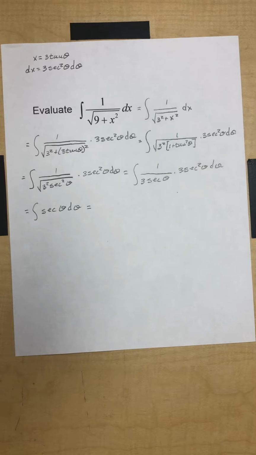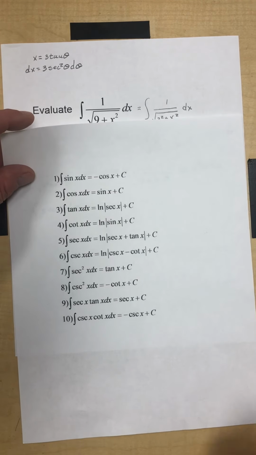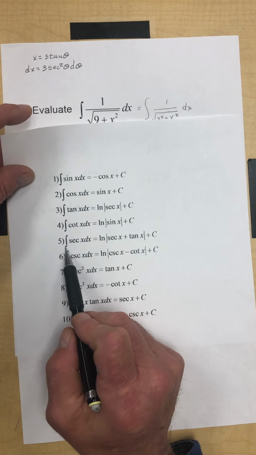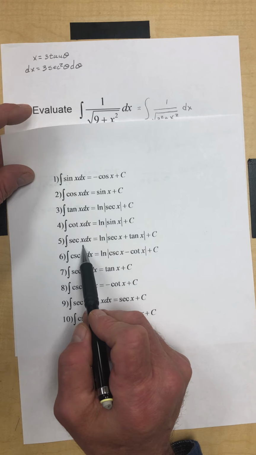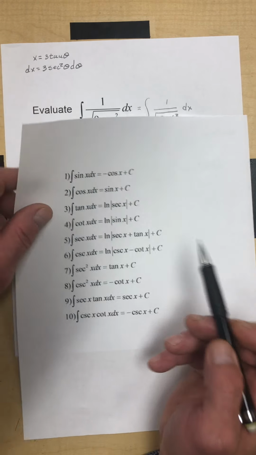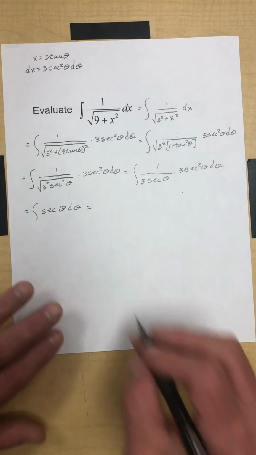Okay, so let's see, we go to our sheet right here, and we can integrate that. The integral of secant x dx, or secant theta d theta, would be the natural log of secant of theta plus tangent of theta plus our constant of integration.